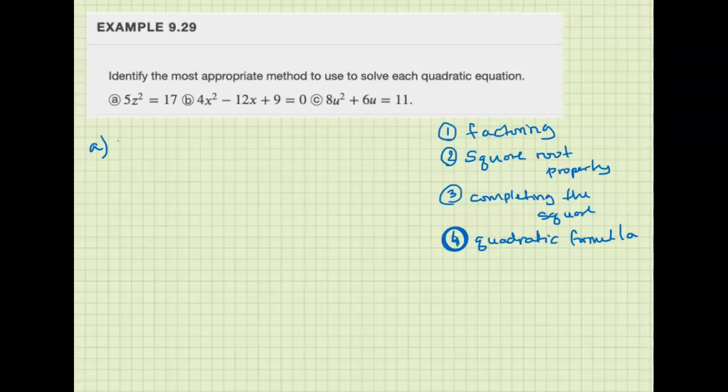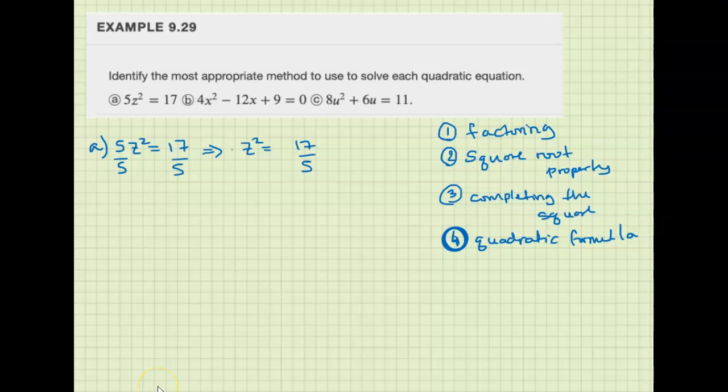Okay, so part A says we have 5z squared equals 17. Now this one, because you just have the z squared, would be easiest using the square root property, because you can easily divide by 5 and get the z squared by itself, 17 over 5.